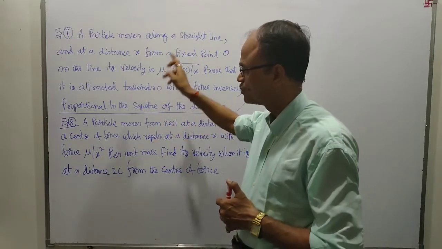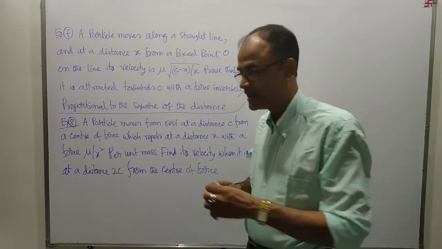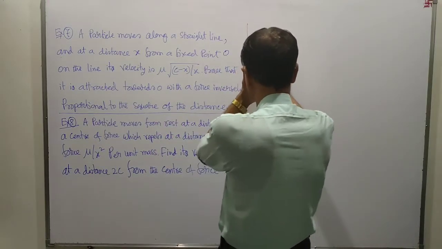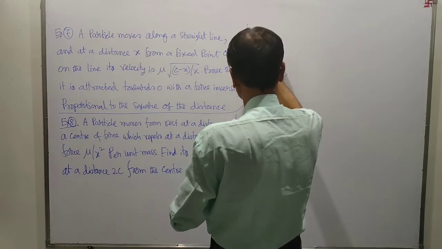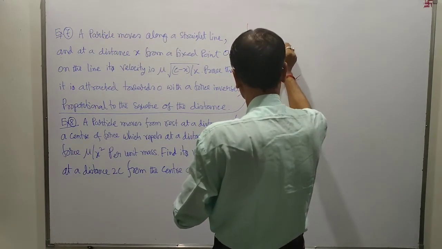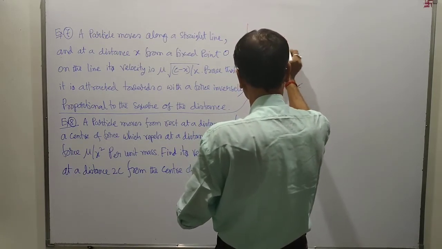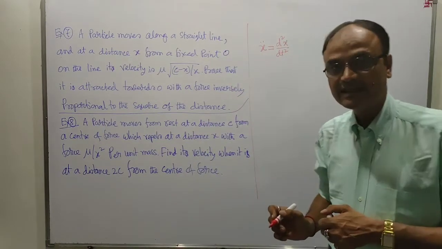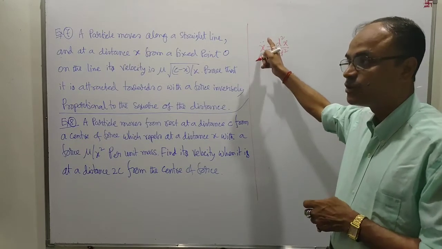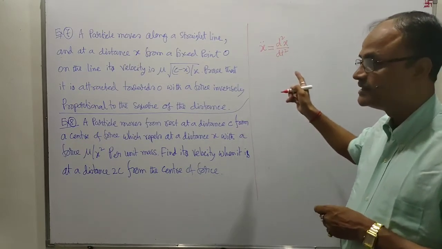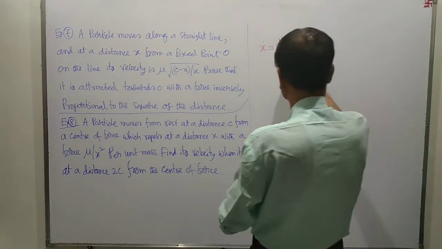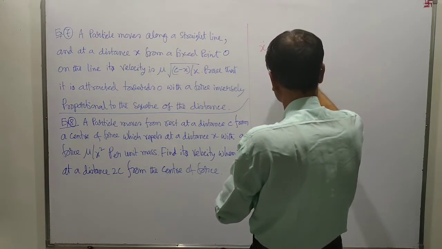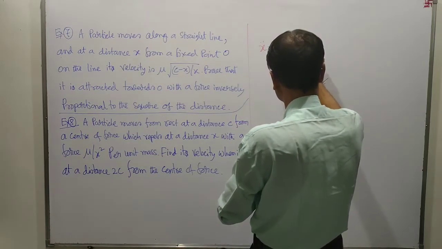Before going to solve these 2 problems, I want to tell you one thing, that is x double dot. It is nothing but the second derivative of x with respect to t, d2x by dt square. X double dot, d2x by dt square, represents acceleration.